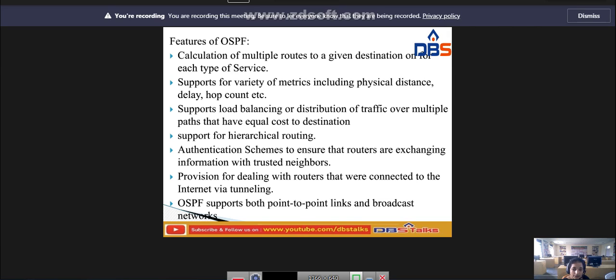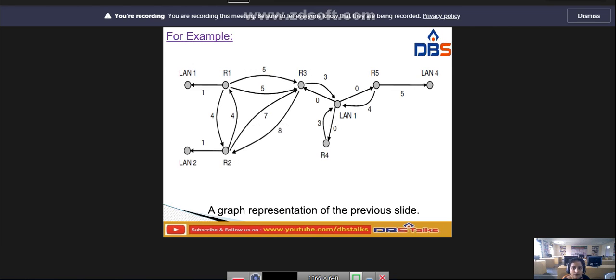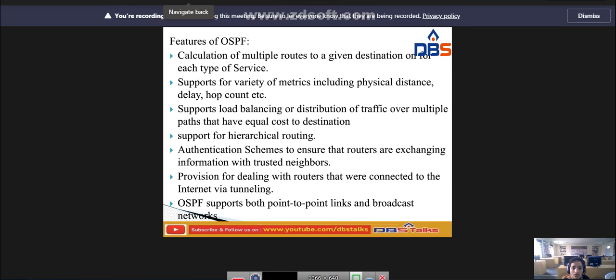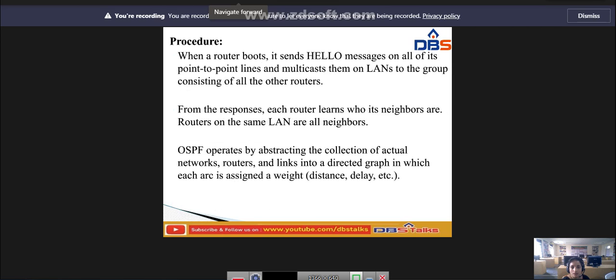It has authentication schemes to ensure the routers are exchanging information with trusted neighbors. There are provisions for dealing with routers that are connected to the Internet via tunneling. OSPF supports both point to point links and broadcast networks. So, these are the features of OSPF.